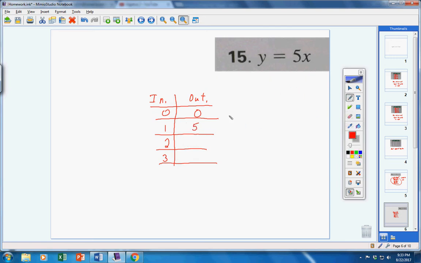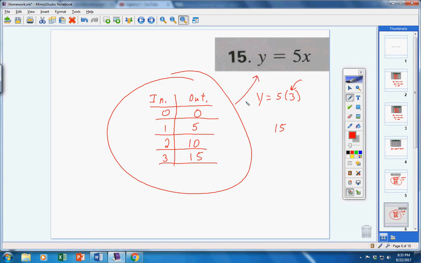My input is 2. So y equals 5 times 2. So if my input is 2, my output is 10. Alright. Next, I'm going to substitute 3 in for x. That's my input. So I have y equals 5 times 3. So when 3 is my input, 15 is my output. And there we go. An input-output table for this function right here.